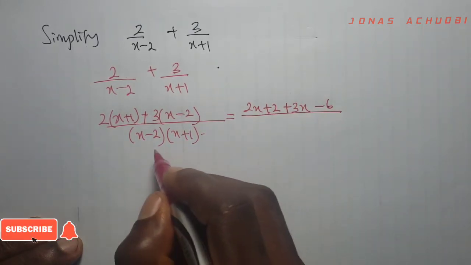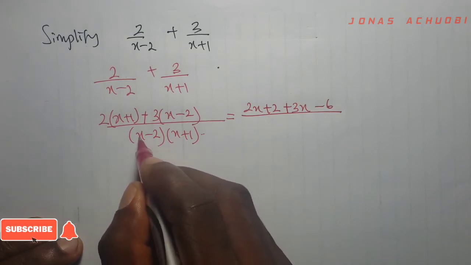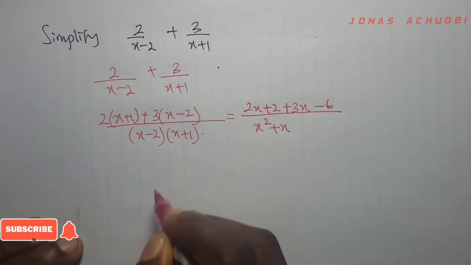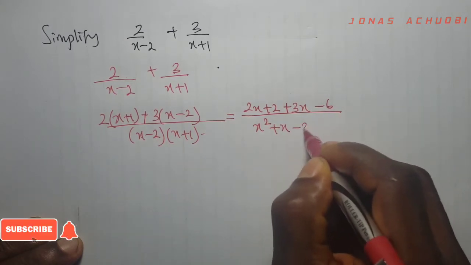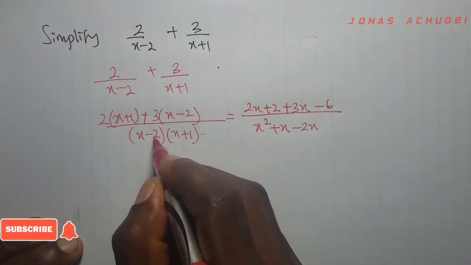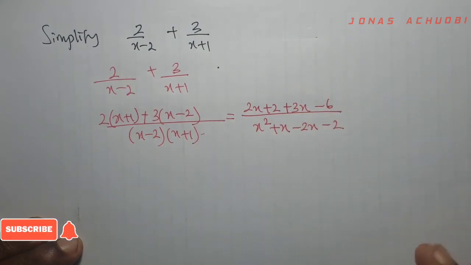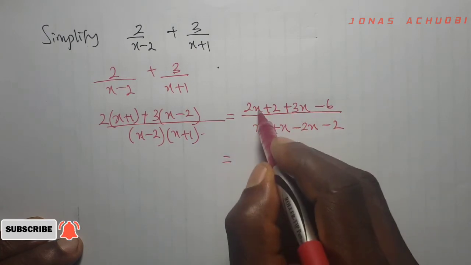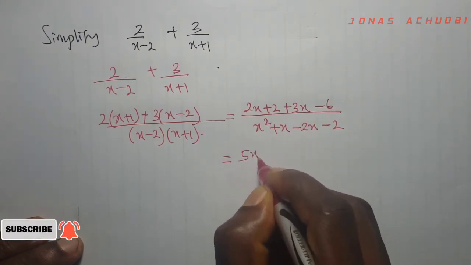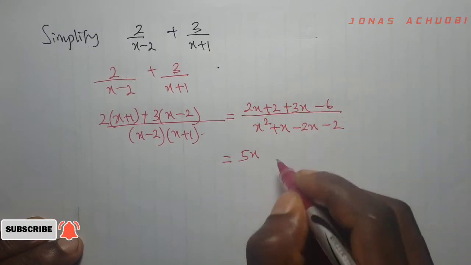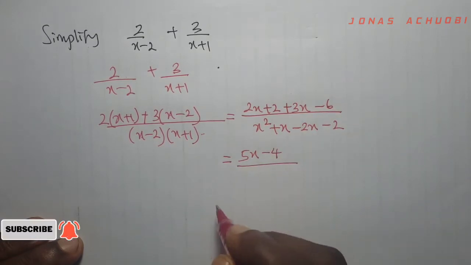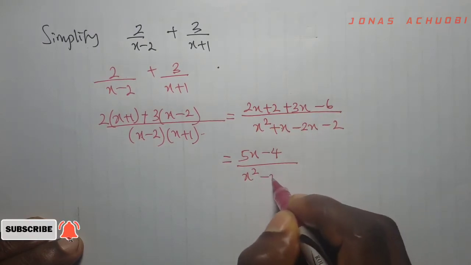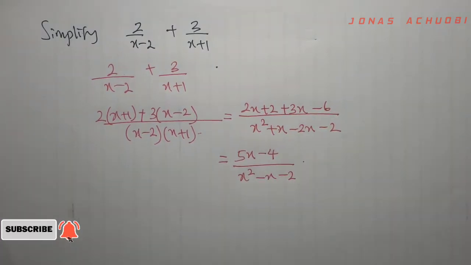Divide by, if we expand the denominator also, we get x times x squared, x times 1 plus x, minus 2 times x minus 2x, and finally minus 2 times 1 is negative 2. If we tally it up one more time, we get 2x plus 3x is 5x, 2 minus 6 is negative 4, divide by x squared, x minus 2x is negative x minus 2.